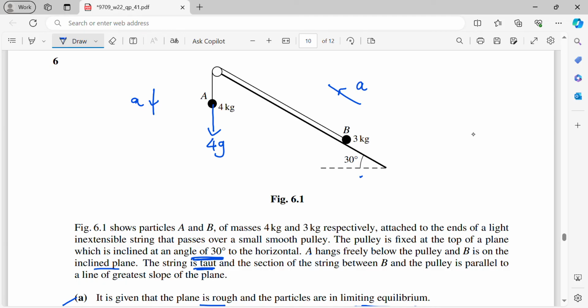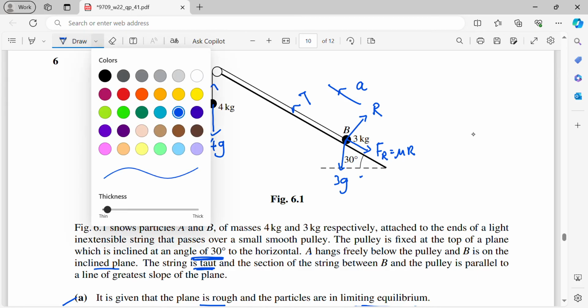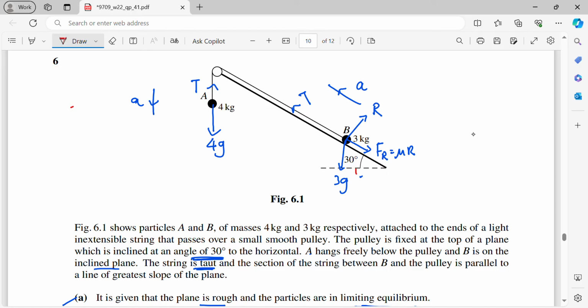Since the plane is rough, I will have the frictional force. This is Fr equals to mu R. The R is perpendicular to the plane. And the weight of B is 3g. Now you have the string, this is T, tension, this is also T, tension. And here, the angle 30 degrees corresponds to this 30 degrees.